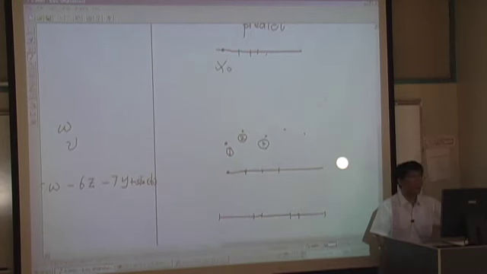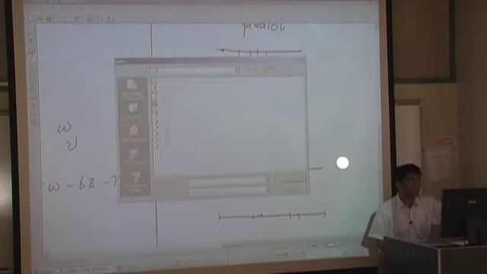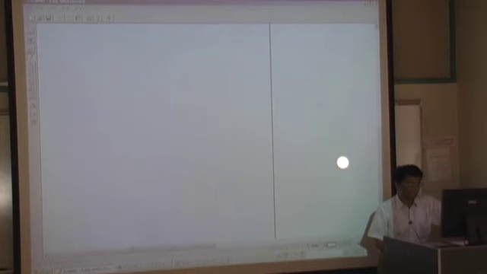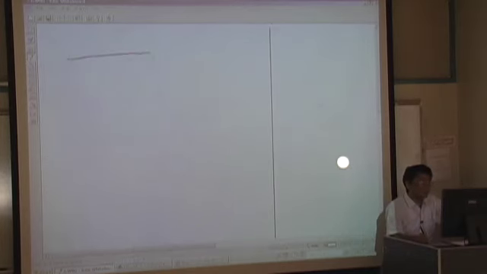So I will go to the next page and explain the idea. If we divide this evenly, then it looks like this, right? Evenly divided subintervals.